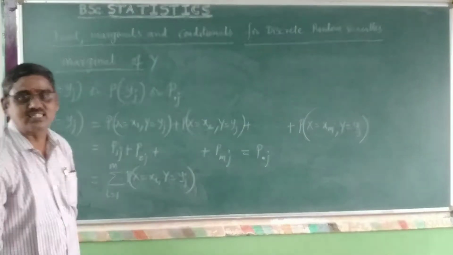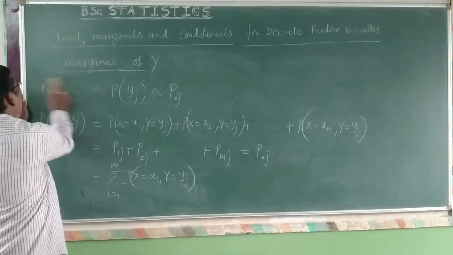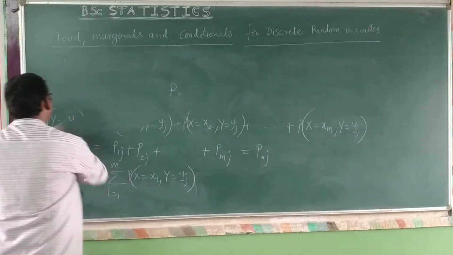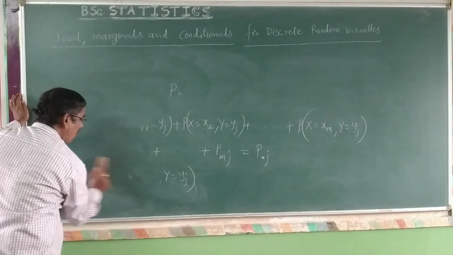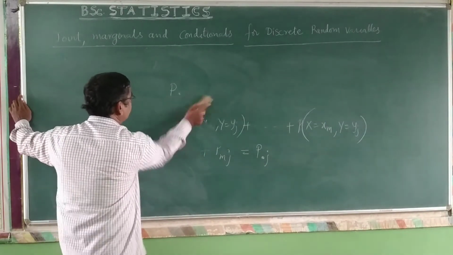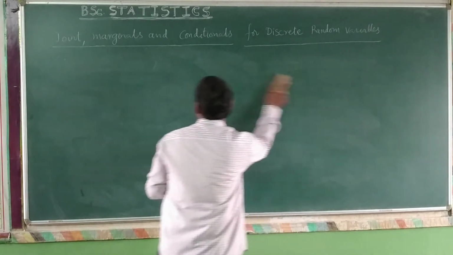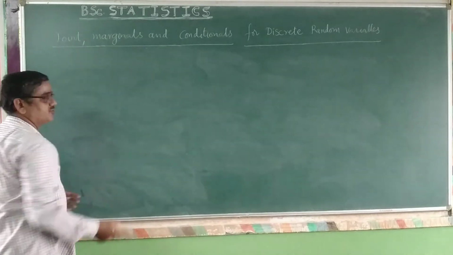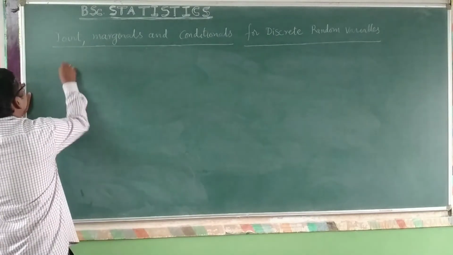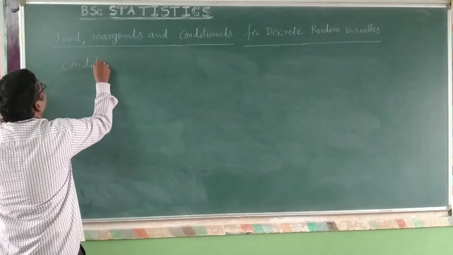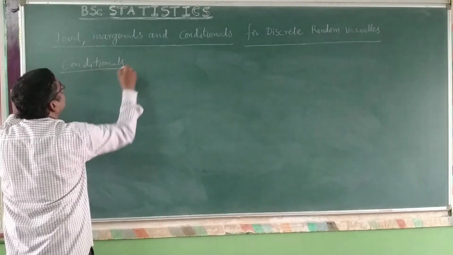Now we define the next one, conditional probability mass functions, for discrete random variables. All these definitions are for discrete random variables. Next, the conditional functions are going to be defined.